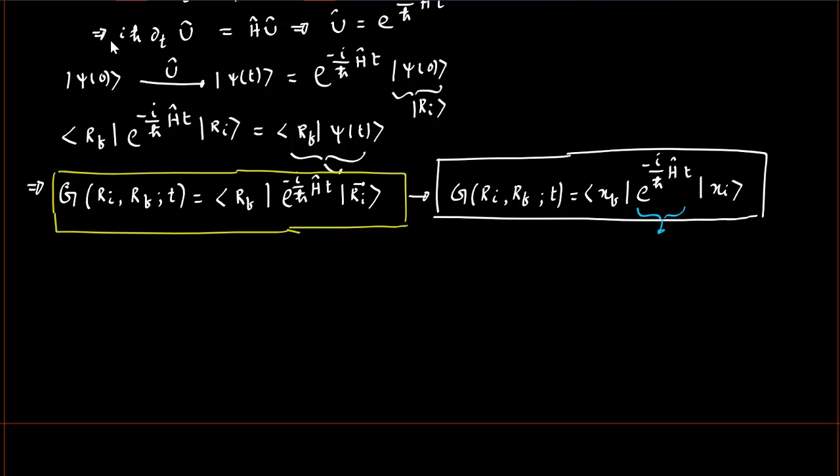Because when we expand the exponential form like this, we'll always get an infinite series like this: x prime, x prime square by 2 factorial, x prime cube by 3 factorial, and so on.